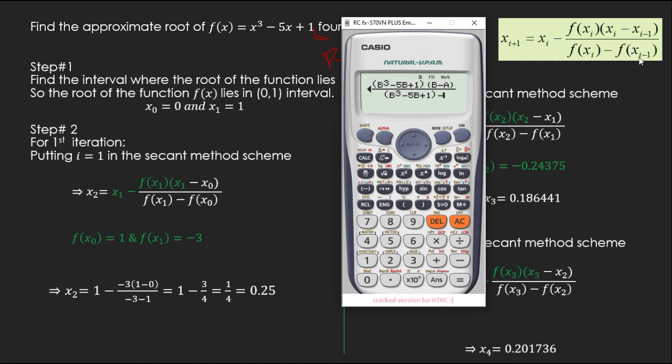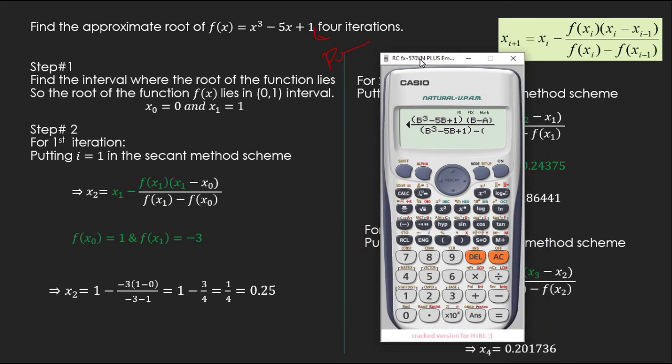Here I will write a cube. I will replace x by a because I have assigned xi to b and xi minus 1 to a. So f of xi minus 1 will be a cube minus 5 times a plus 1, so alpha a cube minus 5 times alpha a plus 1.